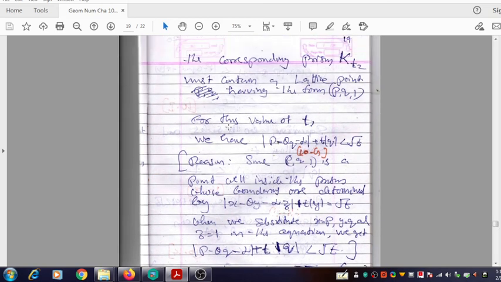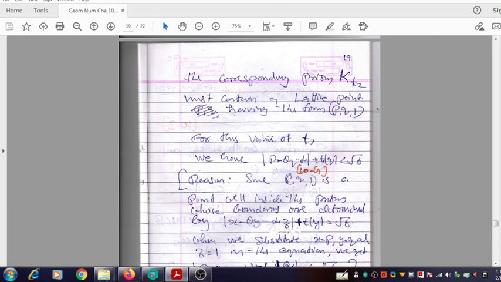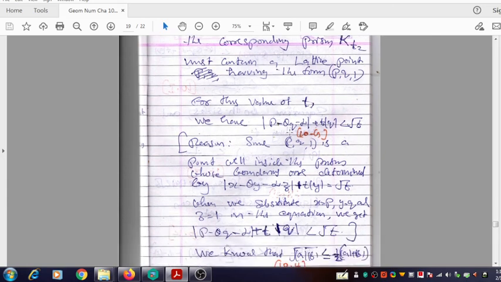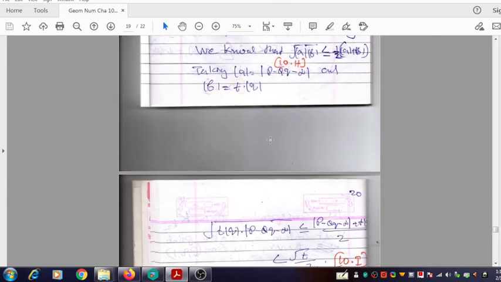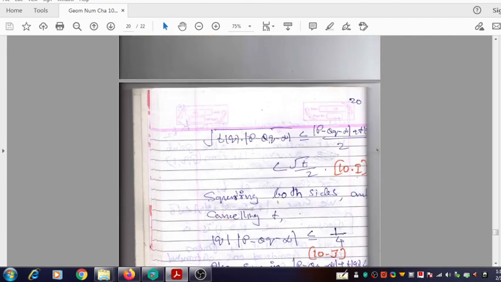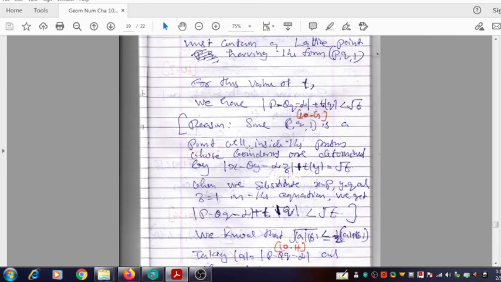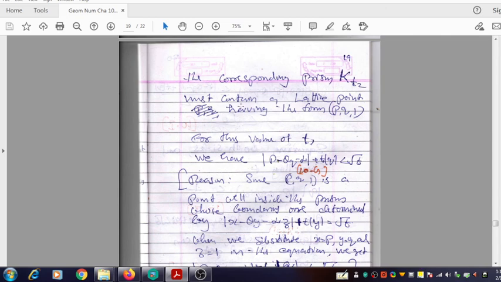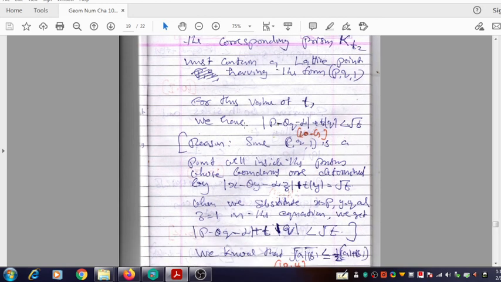For this value of t, we need to explain this situation a little more. There must be at least one lattice point having the form p, q, 1.